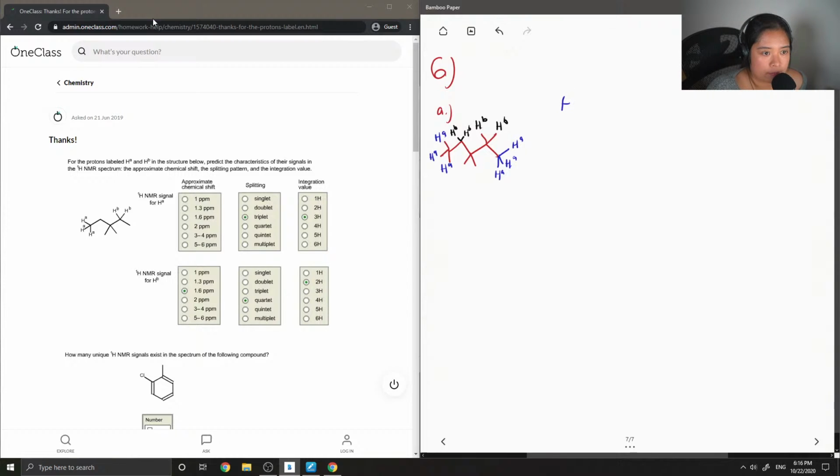So if we were to look at the chemical shifting of methyl hydrogens in a chart, you'll see their approximate chemical shift is 1 ppm for CH3.